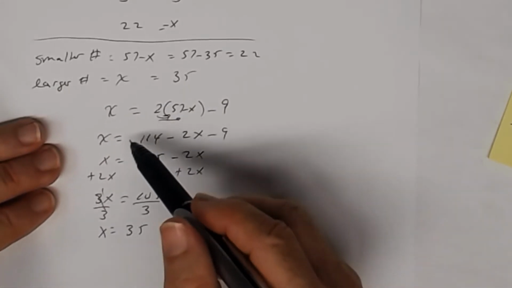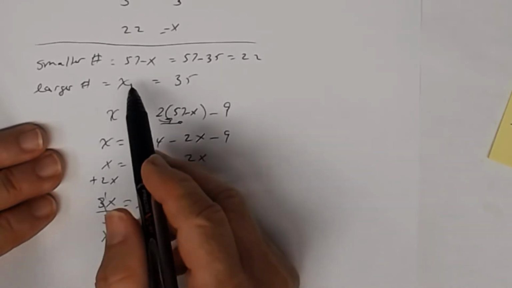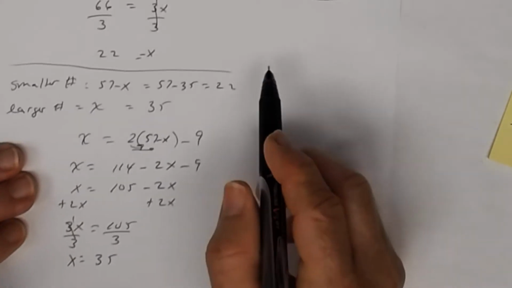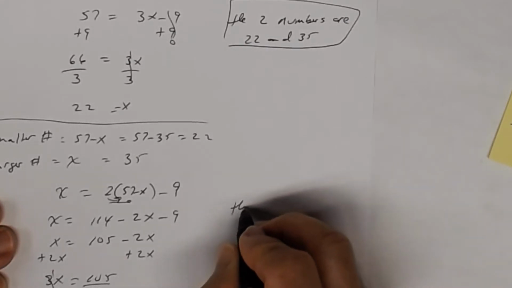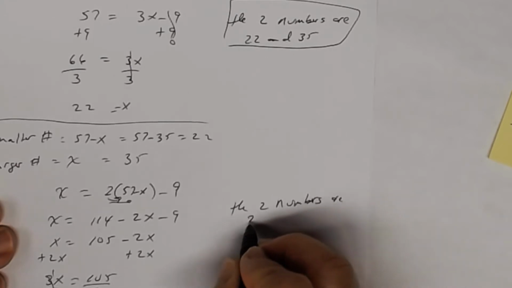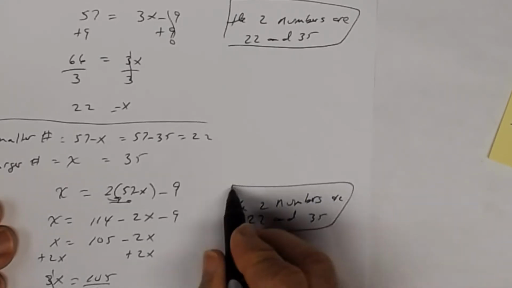It's just that I let x be a different expression here. x stood for something different here than it did here. But you still get the same answer. You still say the two numbers are 22 and 35. You still say that. Okay?